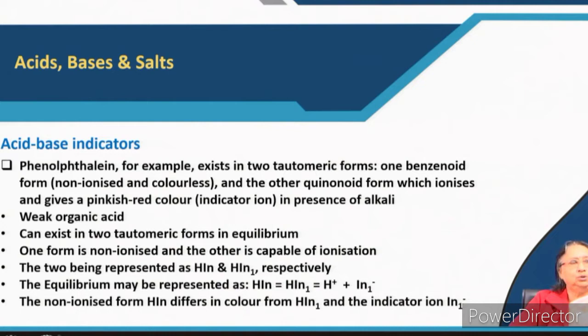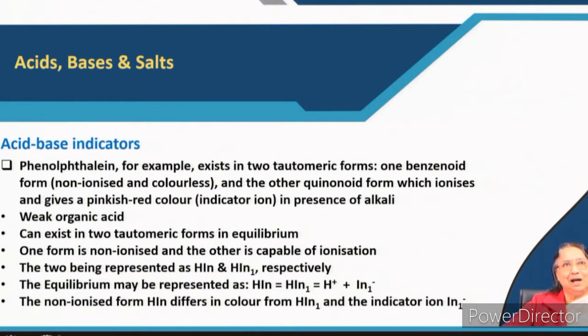Isomer means two different molecules or maybe one molecule, if they have different structures, then they are isomers. Now, tautomers means a special type of isomer. But indicators are weak organic acids. We have already seen that organic acids, acetic acid, formic acid, are weak.